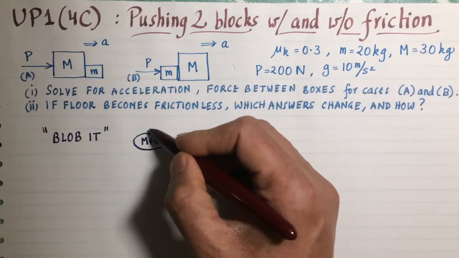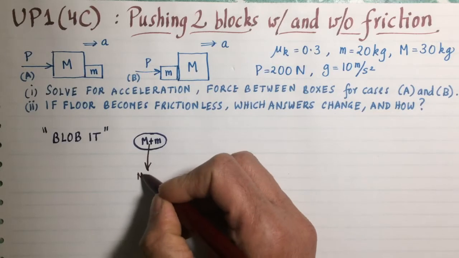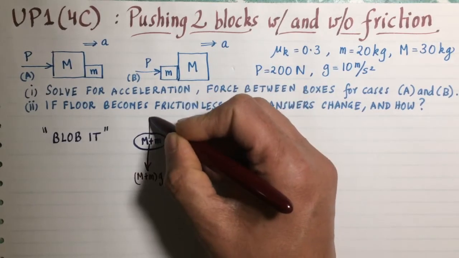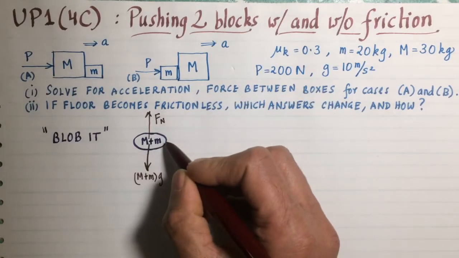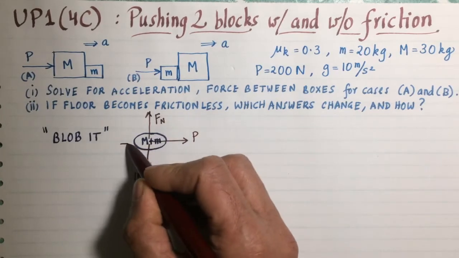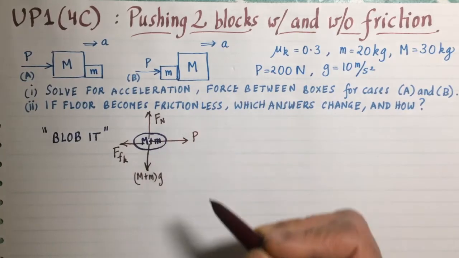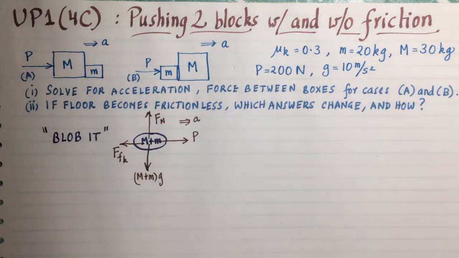There's going to be the force of gravity, which is M plus m times g, acting down. There's the normal force, F sub n, and there's the pushing force, of course. And we have the friction force, which I'll call F sub Fk. And the combined action of these forces is that it accelerates with an acceleration a.